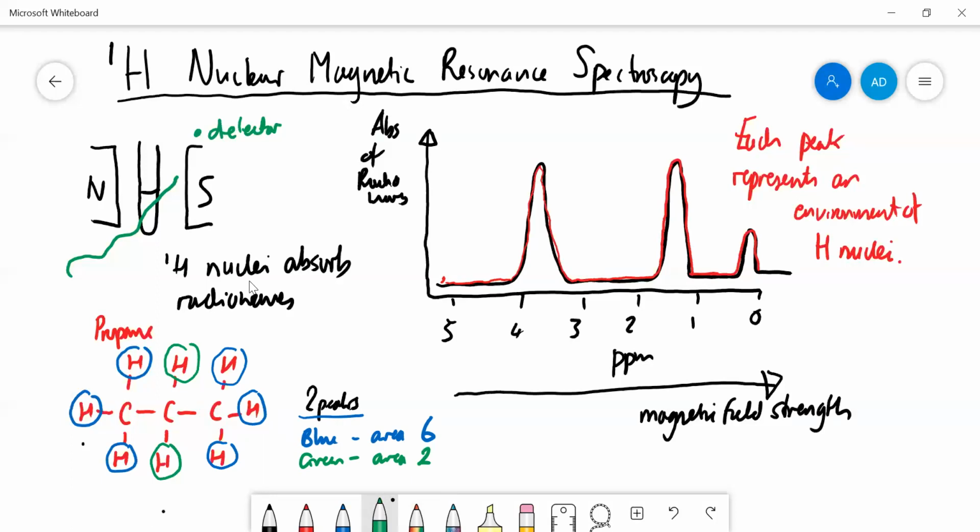Right, we'll come back to that later, but let's have a look at a few more simple organic molecules, and you can pause the video and work out how many different hydrogen environments they have. Okay, so here we go.